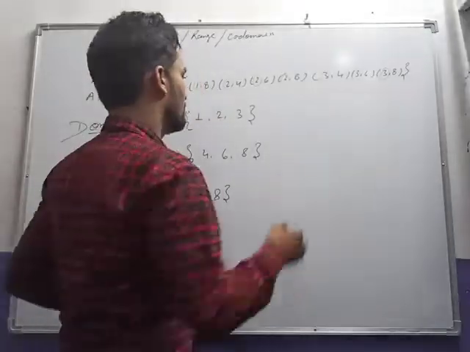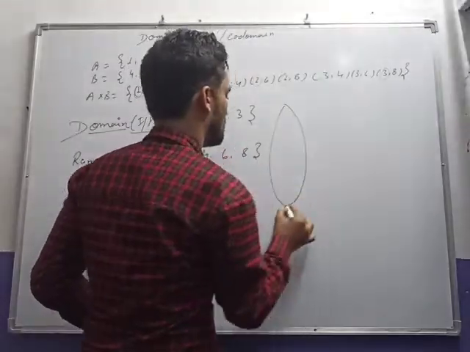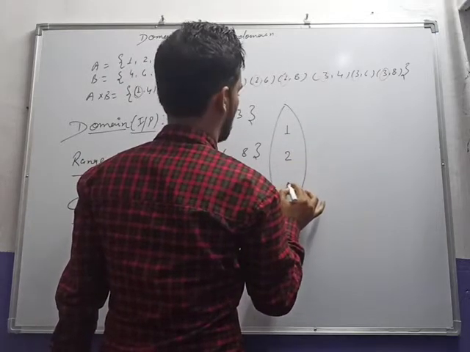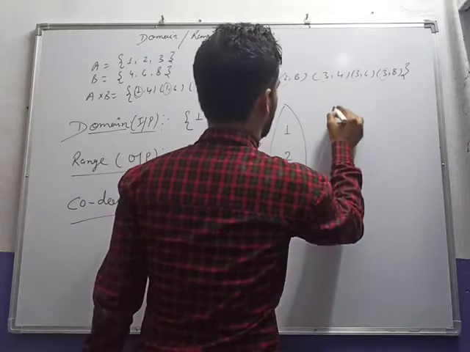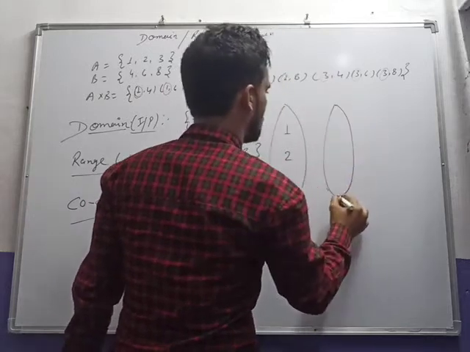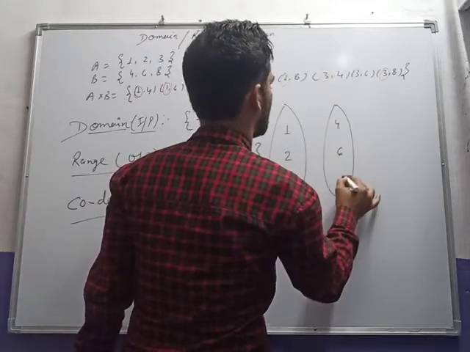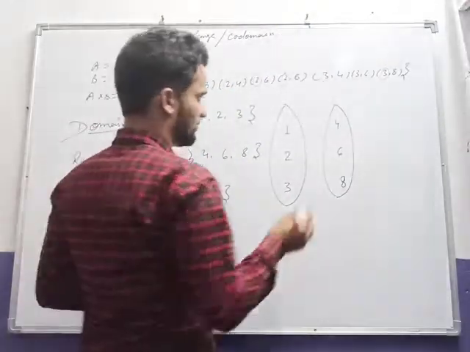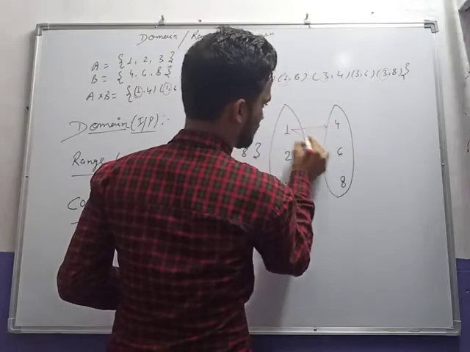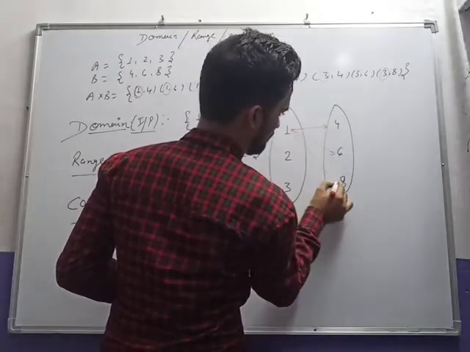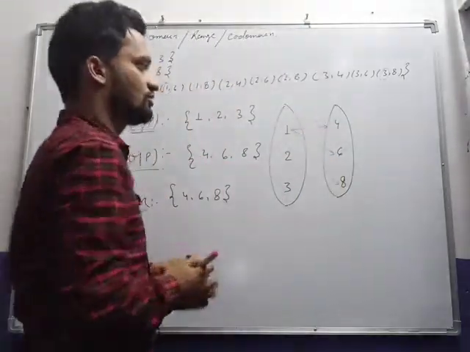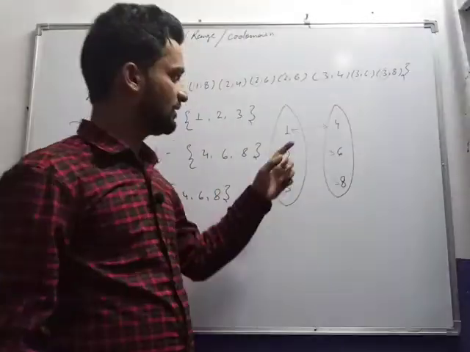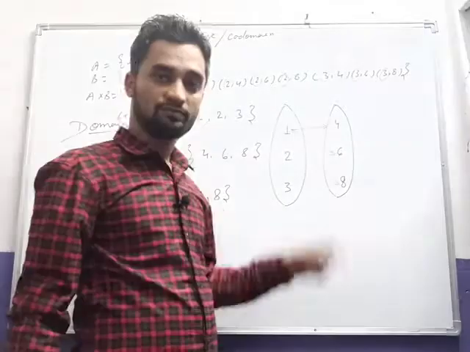So I am taking the same question. This is 1, 2, and 3, and 4, 6, 8. As you know, 1 is associated with 4, also 1 with 6, also 1 with 8. So tell me one thing: is that a function?